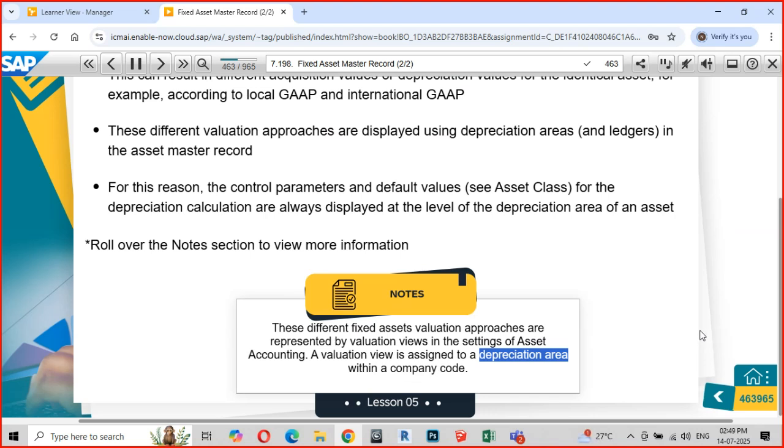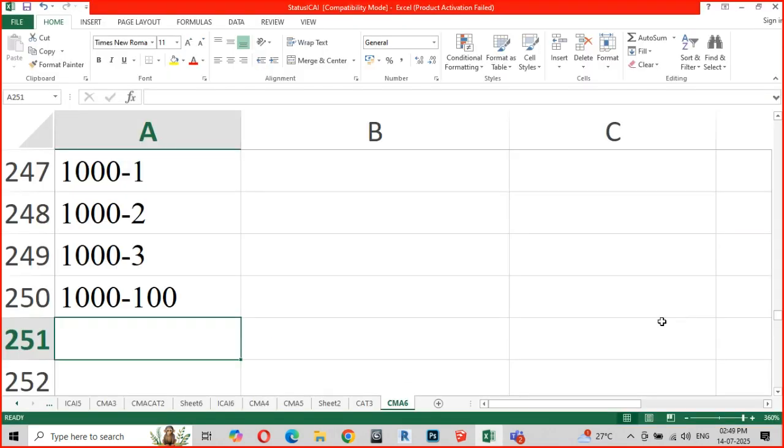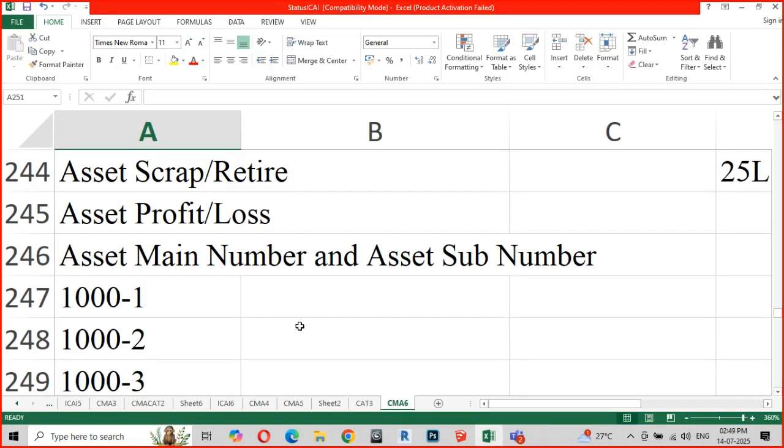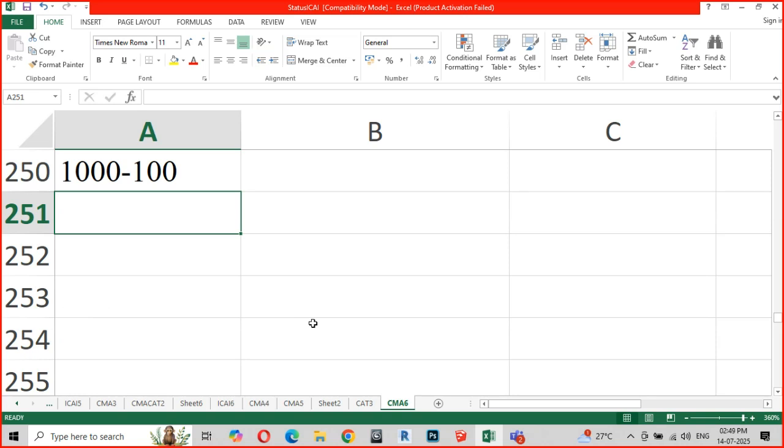So in SAP, you have the concept of activating or deactivating the depreciation areas.